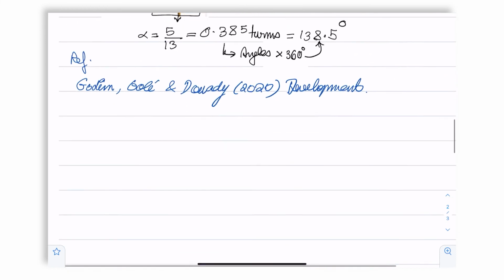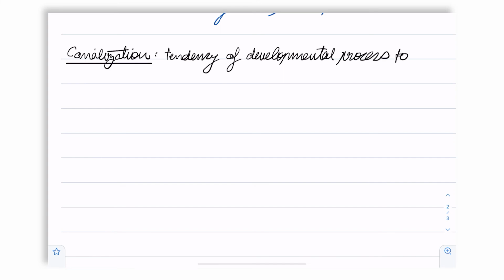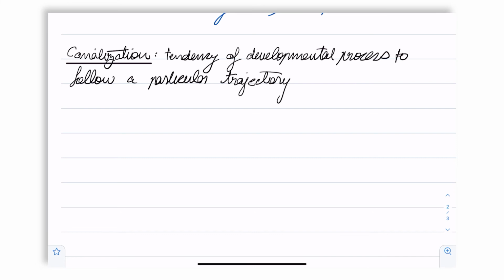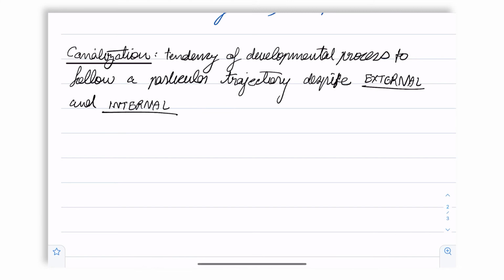So just a few terms that we should have clear. The fact that there is a tendency amongst developing organisms and organs to follow a particular trajectory despite external and internal perturbations.